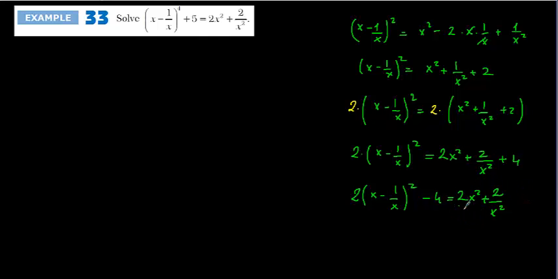Then I'm writing the term here firstly, x minus 1 over x to the power of 4 plus 5 is equal to 2 times x minus 1 over x squared minus 4, it's going to be.